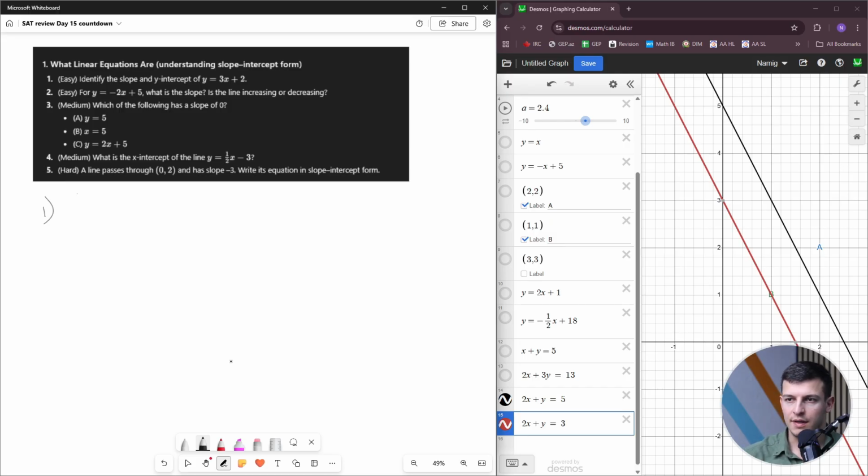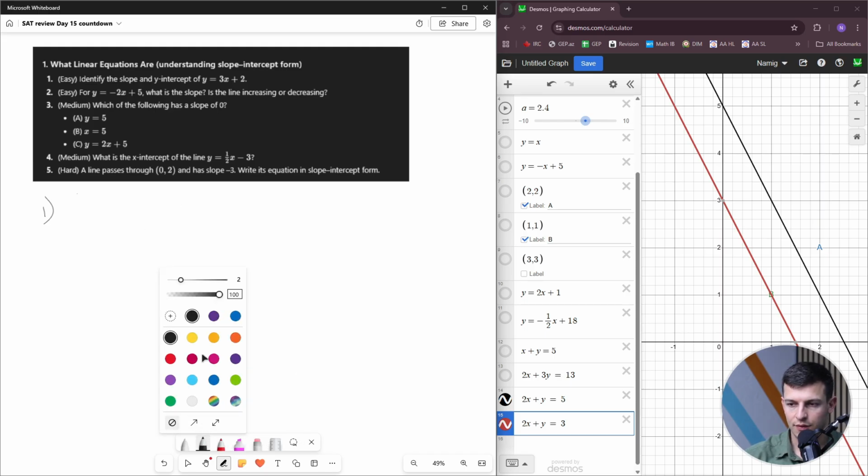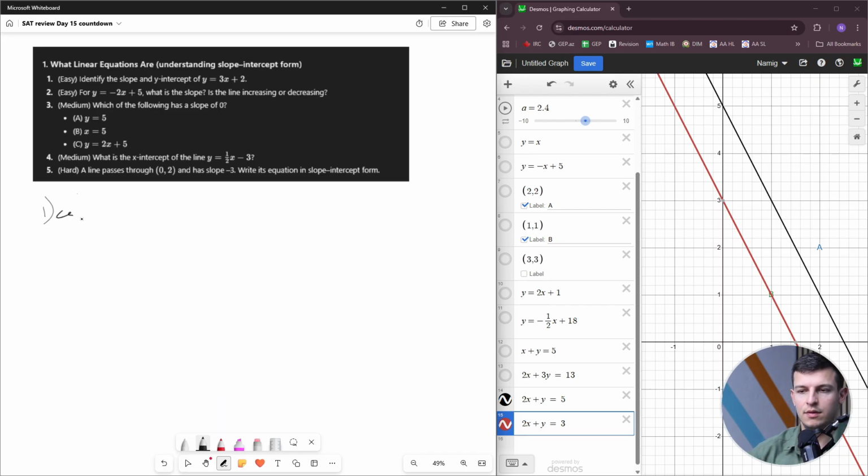Identify the slope and y-intercept of y equals 3x plus 2. I know it may look a bit too easy for some of you. Hopefully that's the case. This is a very good exercise for people who are very new to the topic. So we have y equals 3x plus 2.